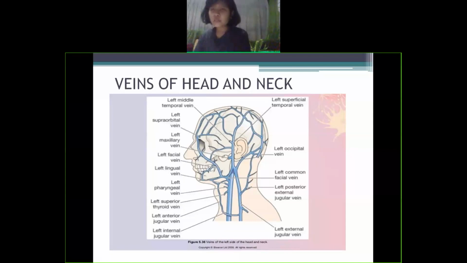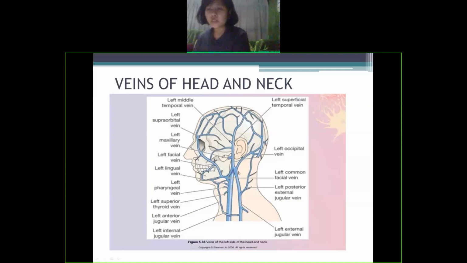So the venous blood, that is the deoxygenated blood, from the head and the neck is returned by the deep and the superficial veins. Did you understand? What I'm trying to say is that that is the deoxygenated blood, that is the venous blood.